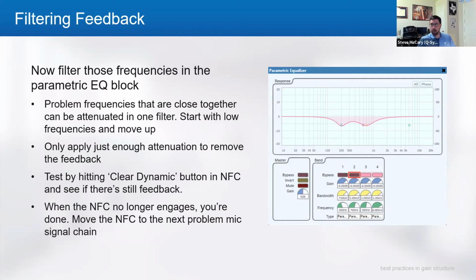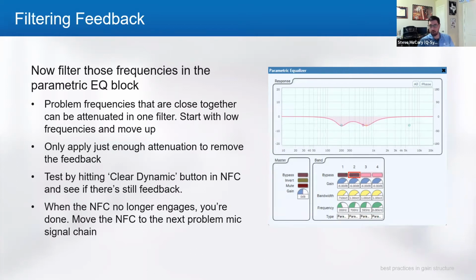So now that we know we're having issues in there, we're going to start with our lower frequencies. So we're going to put a band at 200 and a band at 700 and drop those down.